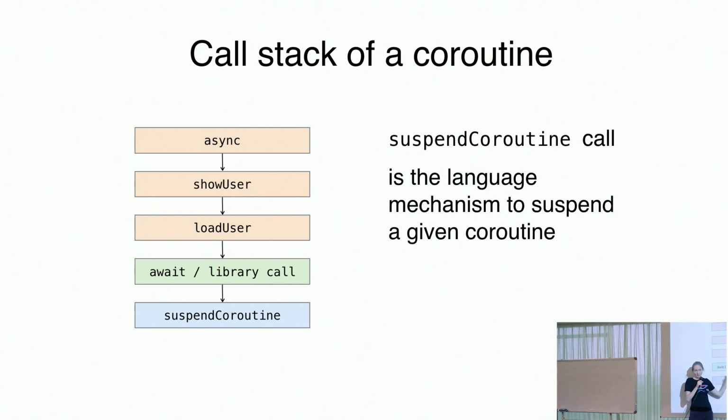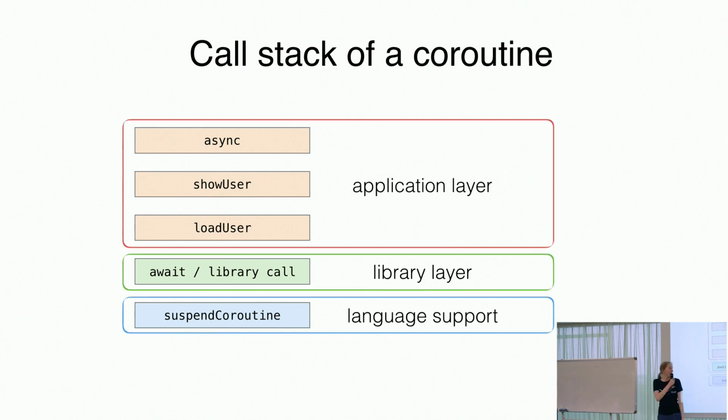All these library functions will refer to suspendCoroutine. But you never probably use it directly. It's like language support for this suspension mechanism. And the triggers that call this suspension might be different functions in different libraries, including await and other libraries.